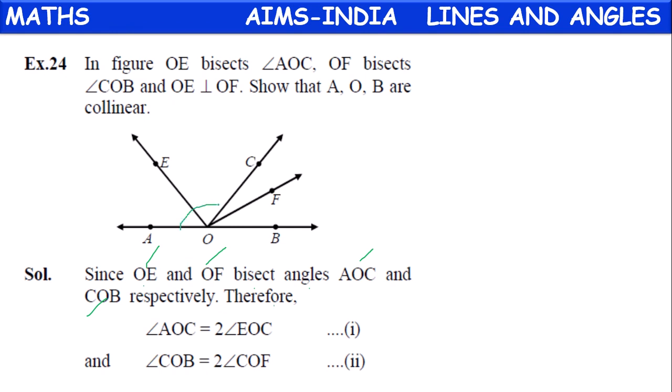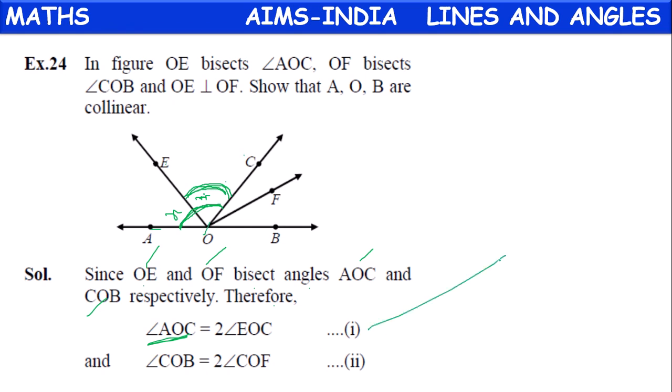So this AOC value will be 2 parts of EOC, because this part is x and this part is x, so the total becomes 2x. So AOC equals 2 times EOC.